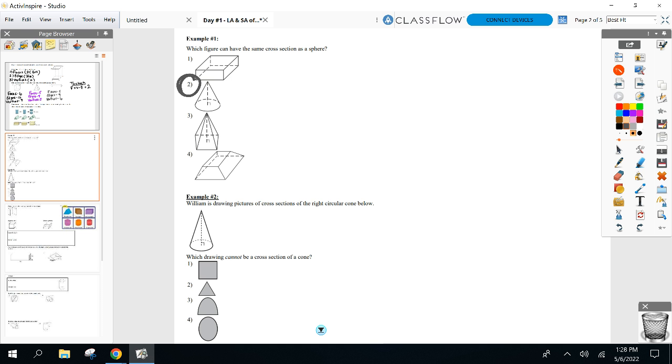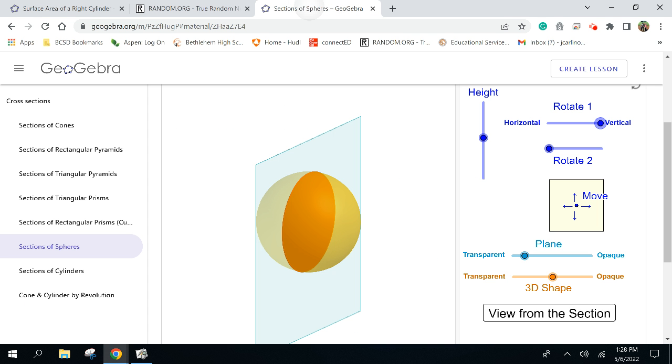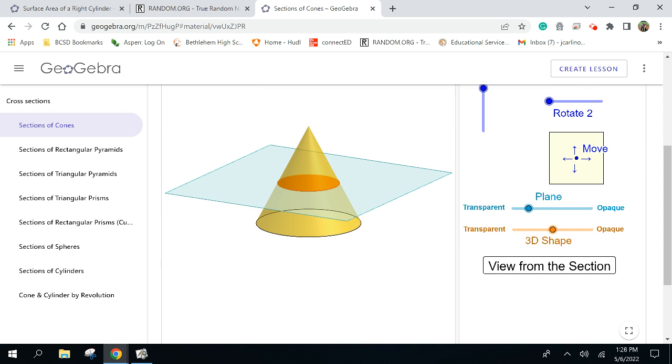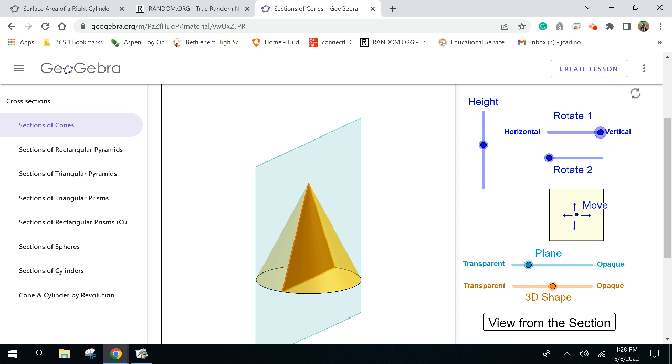You know what 2's called, anybody? Cone, yes, a cone. And if anybody doesn't believe me, just because I like doing this too, there you go. A cone. Cross section right there. What do you think if I go vertical? What am I going to form? There you go. All right, all good.